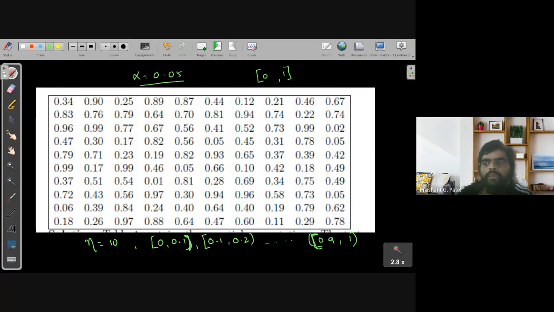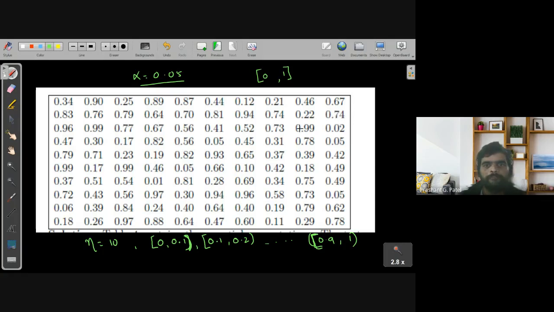Now you can count how many numbers are in these intervals. From 0 to 0.1, how many values are observed? That is called the observed value. Let us do it for the first interval. The rest of the 10 I already have the data for. How many data are between 0 and 0.1? In the first line there is no data, in the second line there is no data.